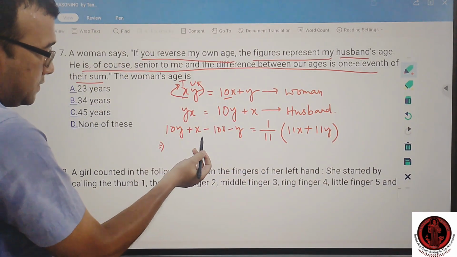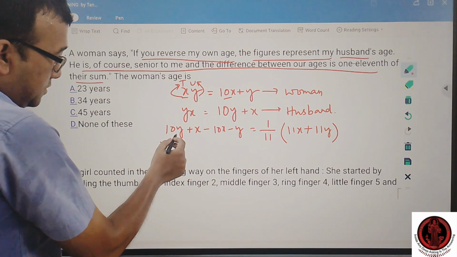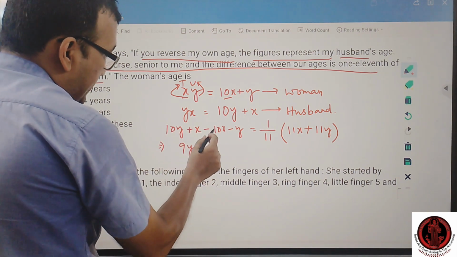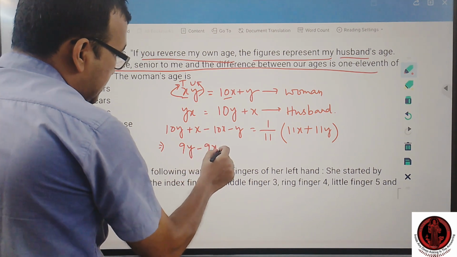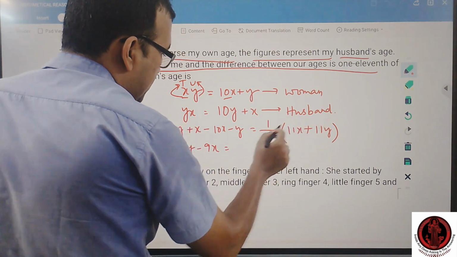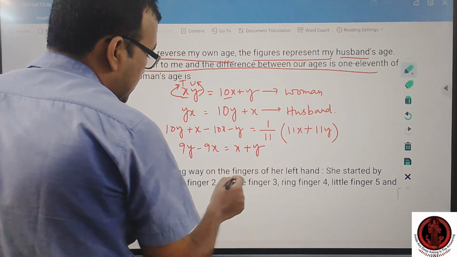Now if I solve this one, 10y minus y, that is 9y, x minus 10x, minus 9x. See, this 1 by 11 is common, that 11 will be cancelled out, x plus y.